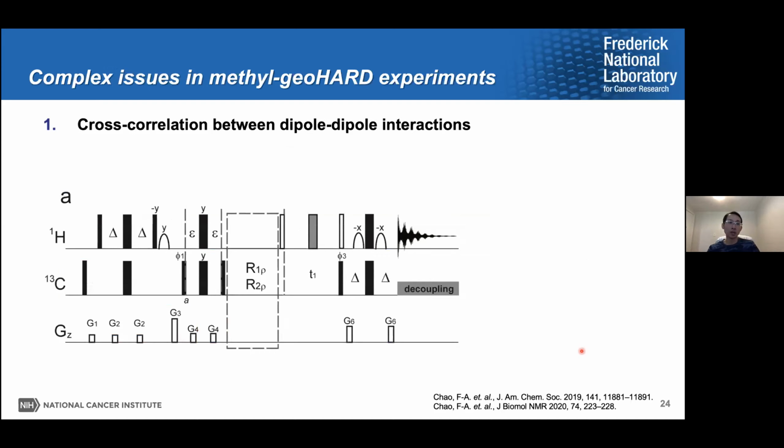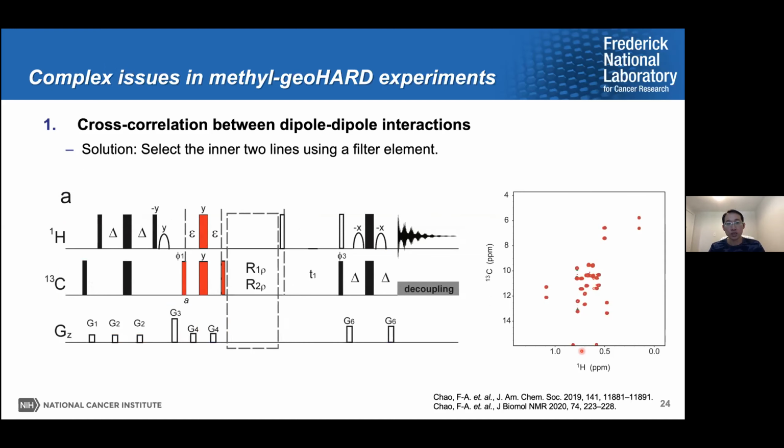Of course there are a lot of relaxation mechanisms we need to consider. As you know, the CH3 is a very sophisticated spin system. So first, we need to select the middle 2 lines. Apparently it is already reported that the outer 2 lines relax much faster than the inner 2 lines, and we want to get the mono-exponential decay of the slowly decaying methyl signal, so we need to select the inner 2 lines.